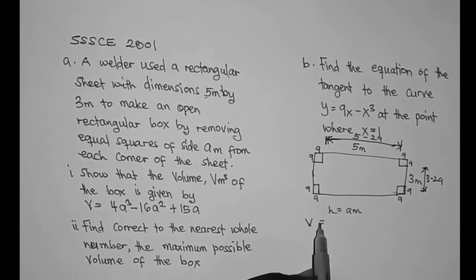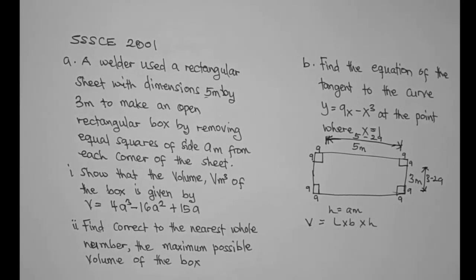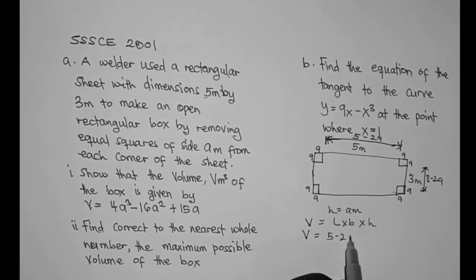Volume of a rectangular box is the length times the breadth times the height. That is the equation of the volume. So the volume is equal to the length, which is 5 minus 2A in one bracket, times the breadth, which is 3 minus 2A, then times the height, which is A.